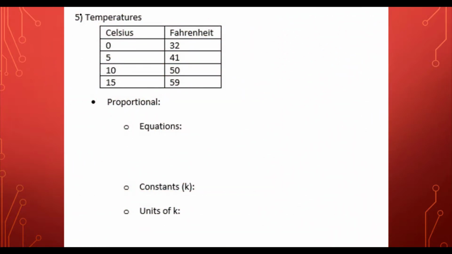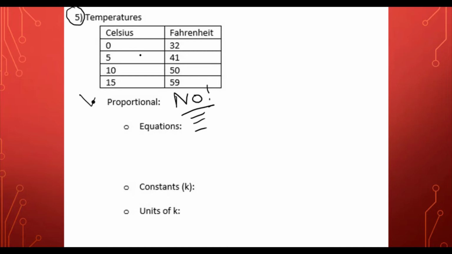Okay, so number 5, we got temperature conversion. Celsius to Fahrenheit, and we have the inputs and the outputs, some of them given to us. First question you want to answer, is it proportional? And the answer is no, it is not proportional.